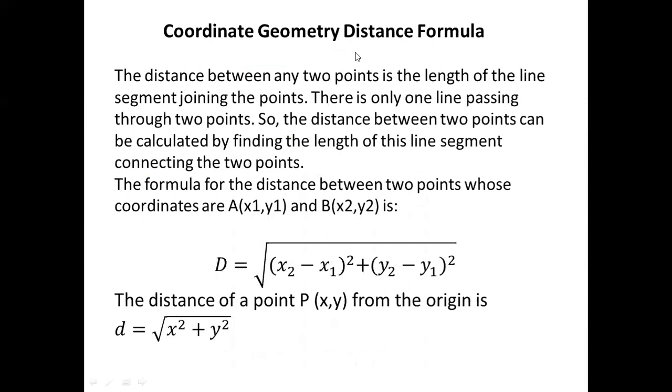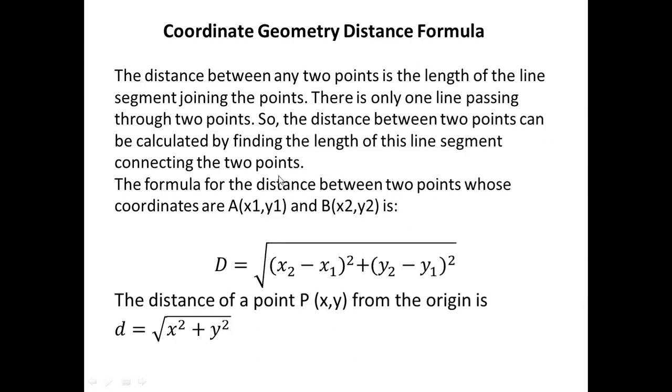I think everyone already knows this one about the coordinate system, so I consider it just a revision. Now we're going to talk about the distance formula between 2 points. The distance formula gives the length of the line segment joining the points.